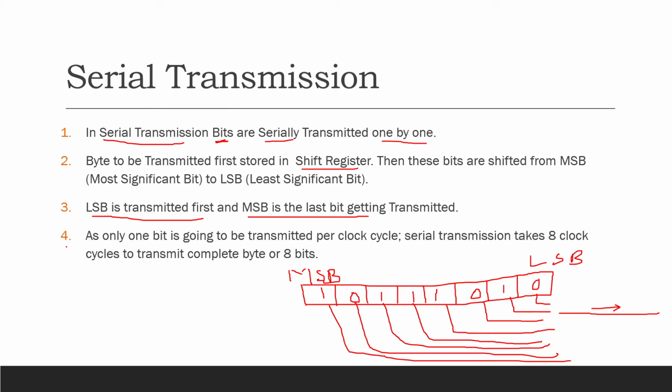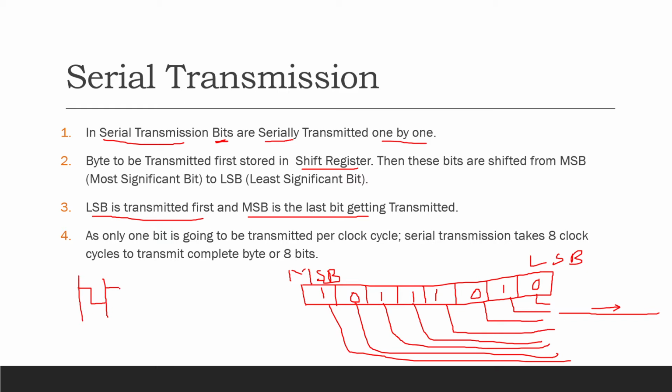The fourth point is, as only one bit is transmitted per clock cycle, serial transmission takes 8 clock cycles to transmit a complete byte or 8 bits. The meaning of this statement is that a separate clock is required to transmit each and every bit. This clock period is required to transmit the LSB.